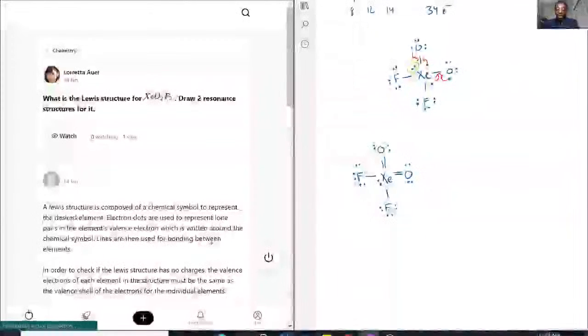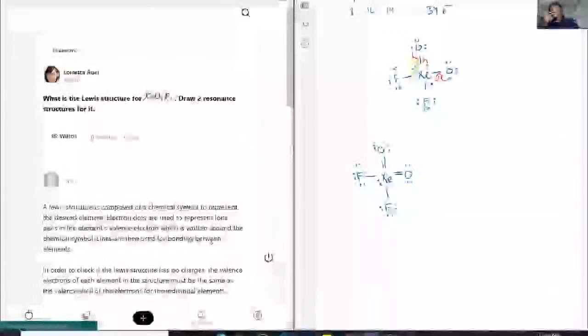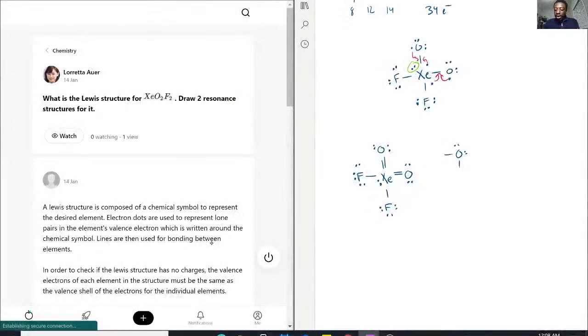And now, let's just check to see, with the xenon, if the formal charges all make sense. For the oxygens, for the formal charge to be 0, we need 2 bonds and 2 lone pairs, which each oxygen does. So perfect. Fluorine is going to be 3 lone pairs and 1 bond, which each fluorine does.